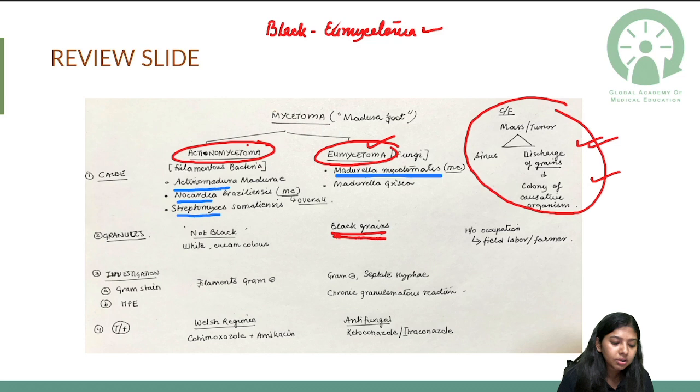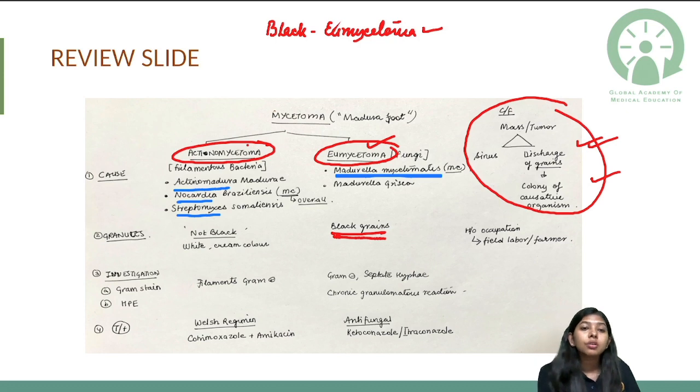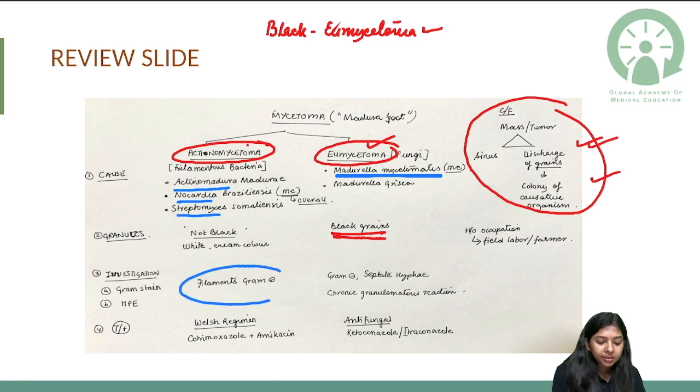Most common overall cause is Nocardia, and the most common cause of eumycetoma is Madurella mycetomatis. If you do a gram stain, you will get gram positive filaments in actinomycetoma, and in eumycetoma, because it's caused by a fungus, you'll get septate hyphae.